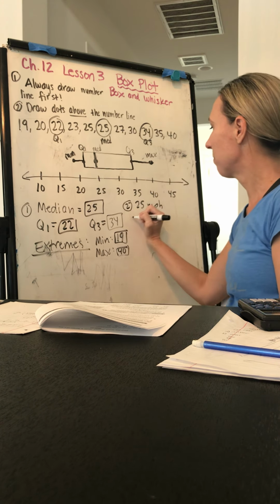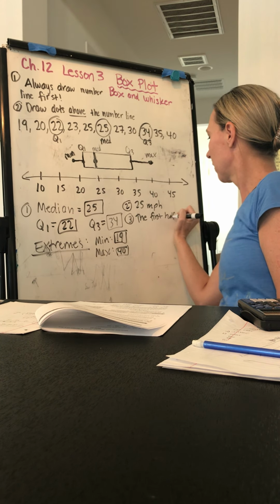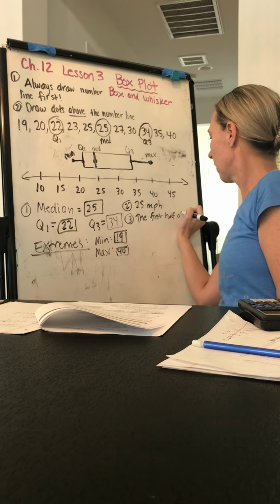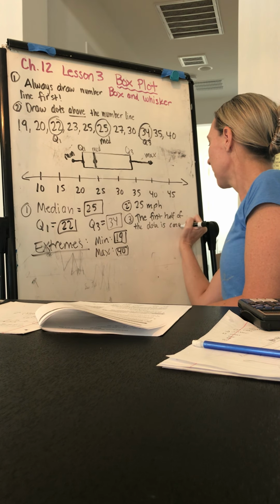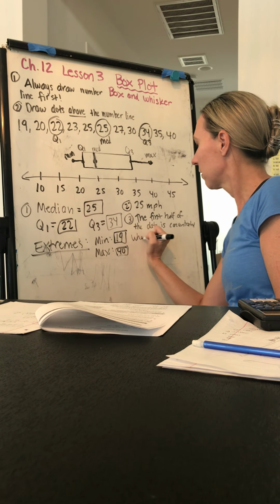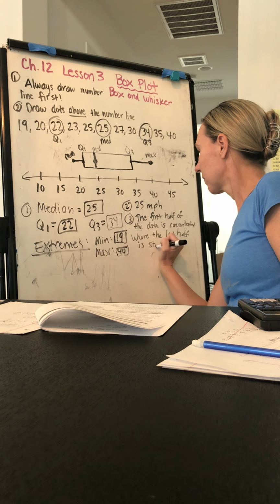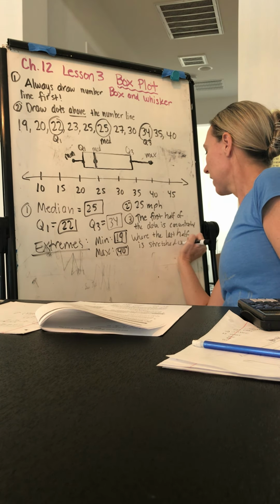So you can say something like, the first half of the data is concentrated, or really close together, where the last half of the data, do you see how it's a lot longer? The box is longer, and then the maximum point is way longer. So you can say the last half is stretched out. You can say anything along those lines. Sorry, my handwriting's not that great.